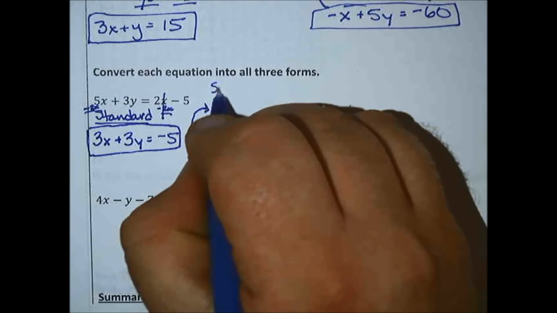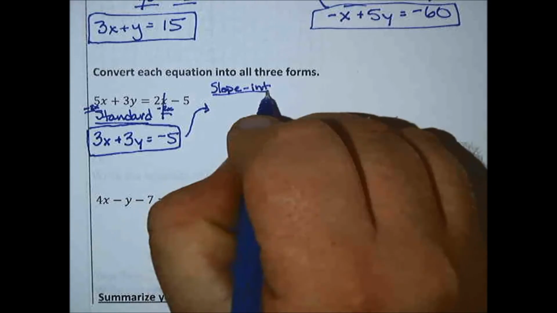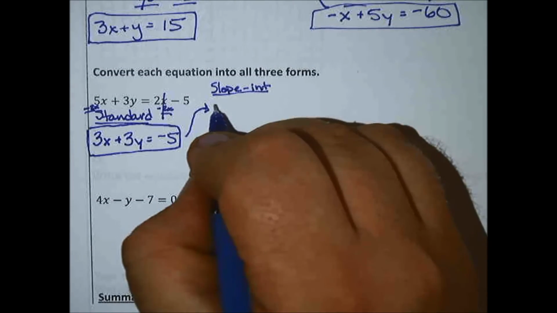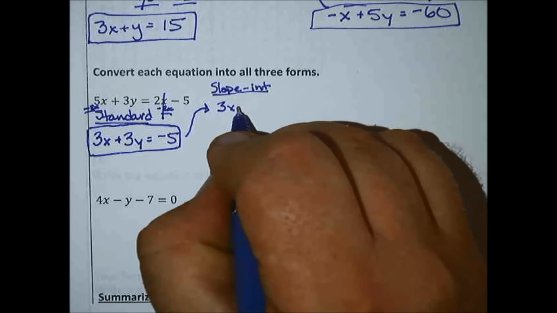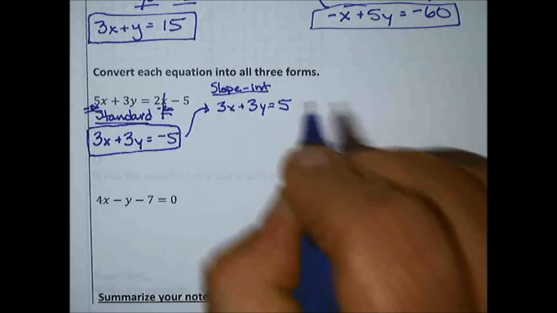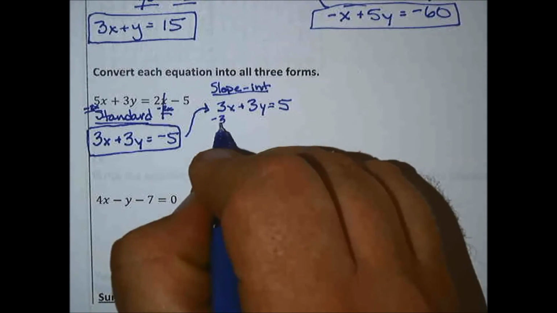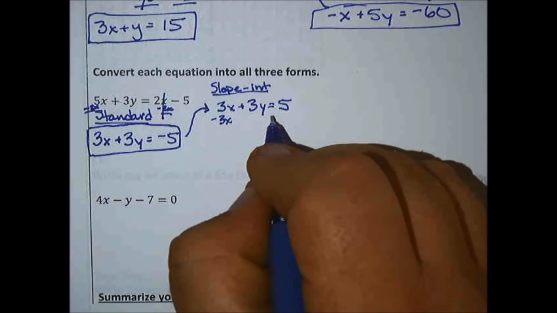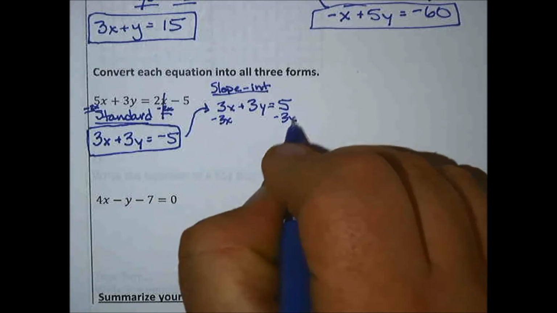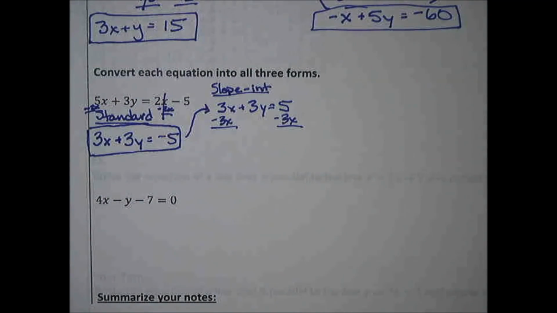And let's look at slope-intercept. Remember, that's y equals mx plus b. I'm going to rewrite what I have so I can do some operations to it. I'll subtract 3x from both sides because I want x and y on different sides. Really, remember, all that we have to do to go into slope-intercept form is to solve for y.